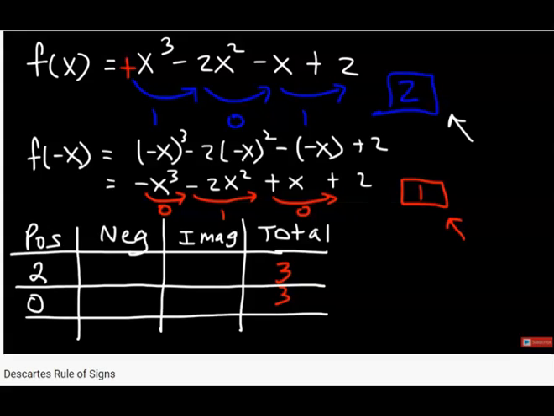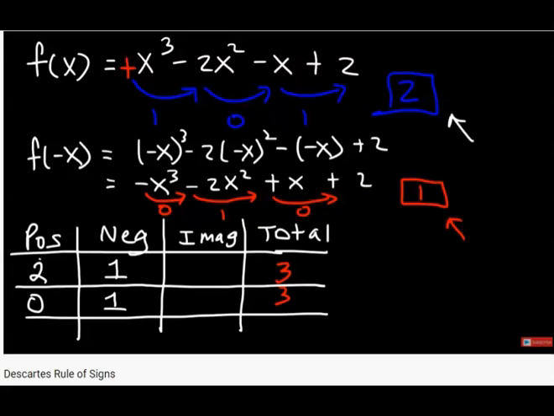So you can't have a negative number of positive or negative real zeros. So we have one sign change for f of negative x. So there has to be exactly one negative real zero.